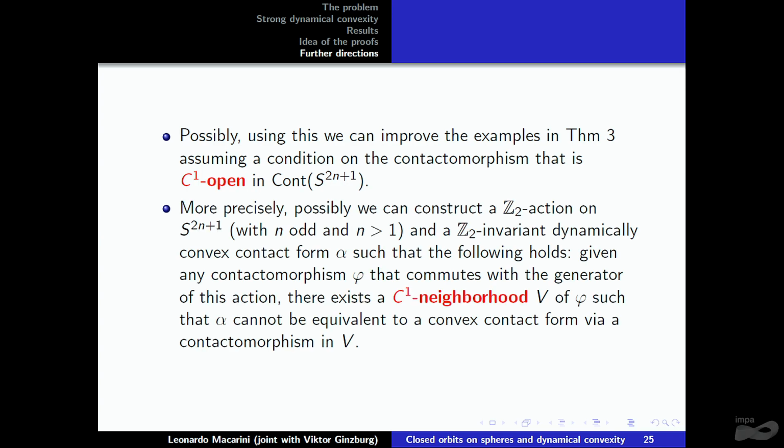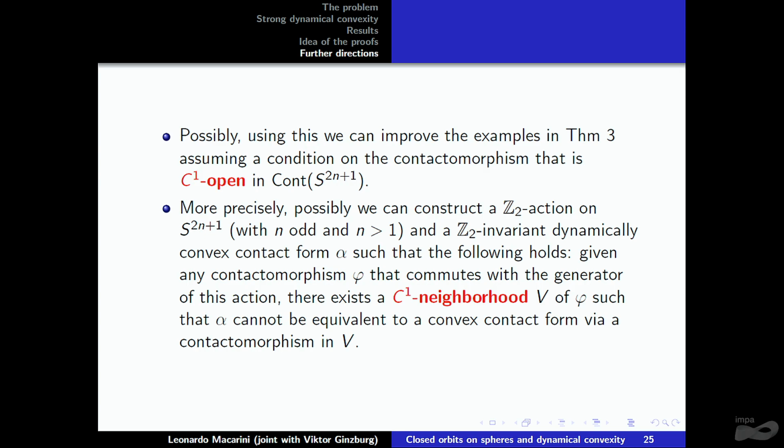More precisely, I think, though I'm not completely sure, that we can prove the following. Given any n bigger than 1 and odd, there exists a Z2 invariant dynamically convex contact form alpha such that, given any contactomorphism phi that commutes with the generator of this Z2 action, there exists a C1 neighborhood of phi such that for any contactomorphism in this C1 neighborhood, the pullback of alpha cannot be convex.